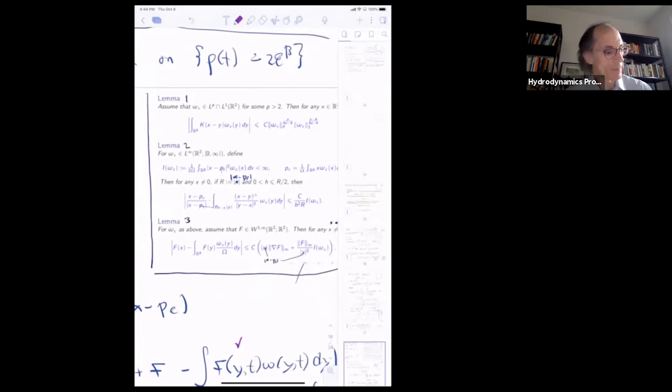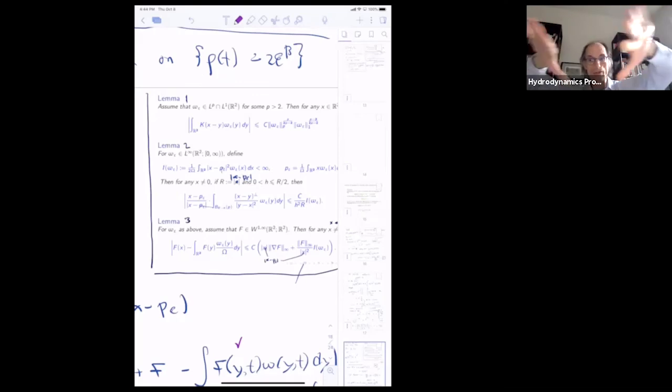Here I'm applying this to the part of the vorticity living outside the ball of radius rho over 2, which is at least epsilon to the beta. And we've arranged that the amount of vorticity living outside that ball is of order epsilon to the gamma 1, where gamma 1 is something we can choose. We can make it as small as I like.